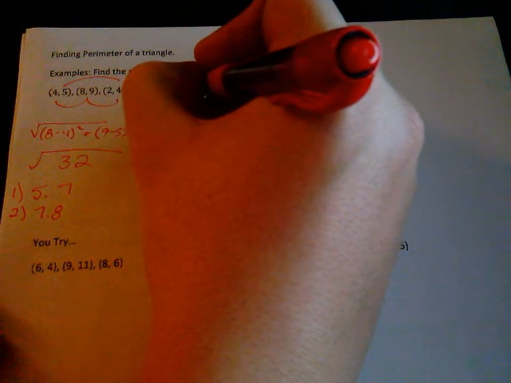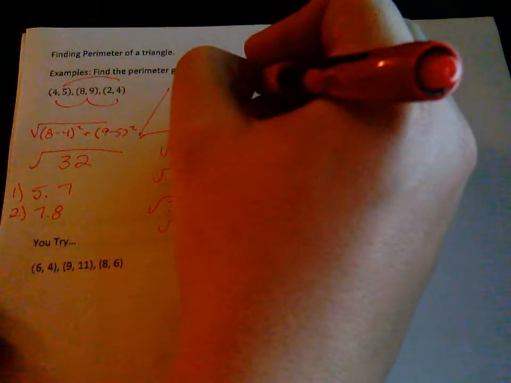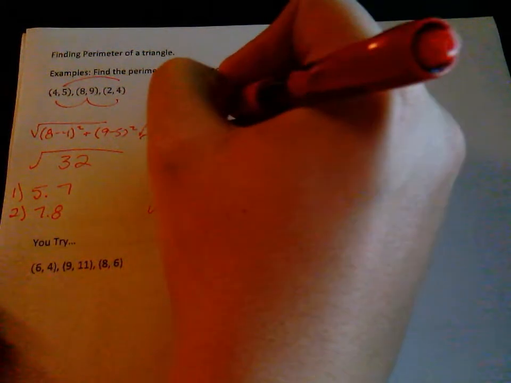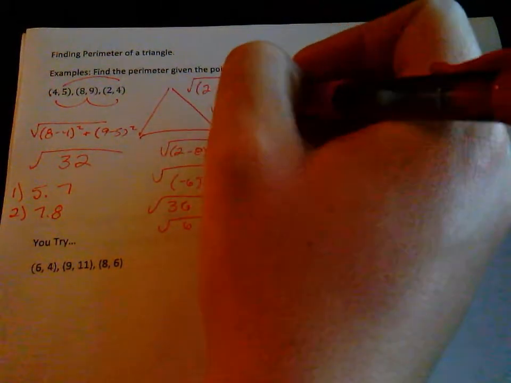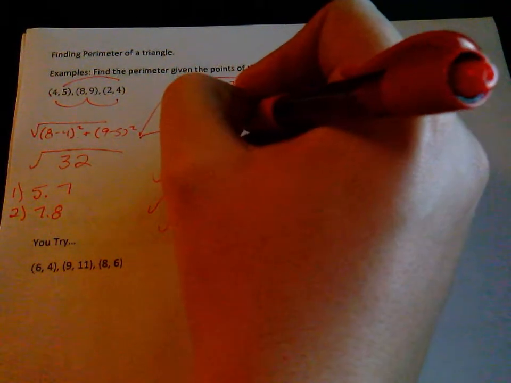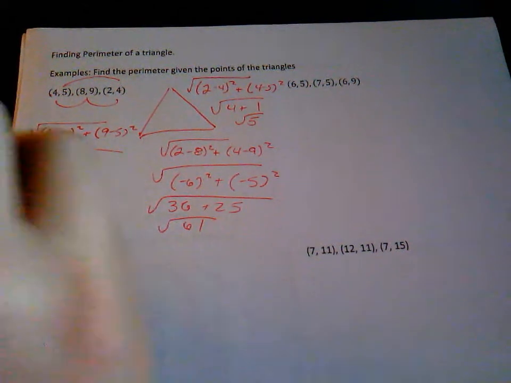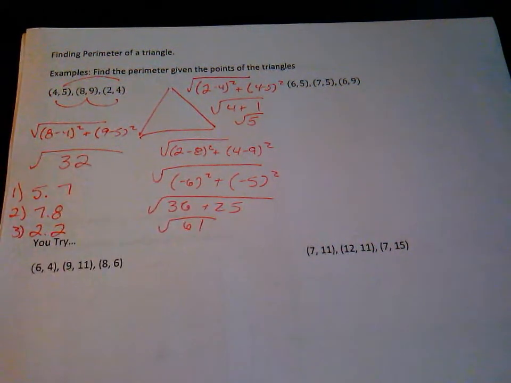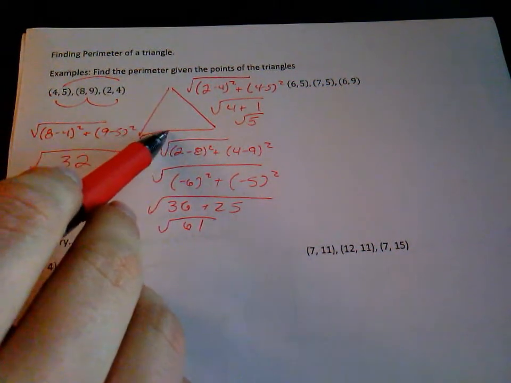Okay, so we're going to take 2 minus 4 squared plus 4 minus 5 squared, which is just the square root of 4 plus 1, which will just be the square root of 5. So we're going to take 5, we're going to square root it, and finally our third side is 2.2.